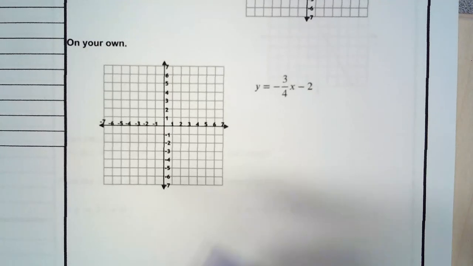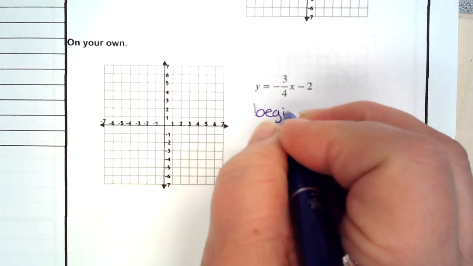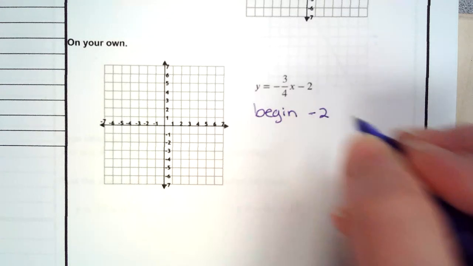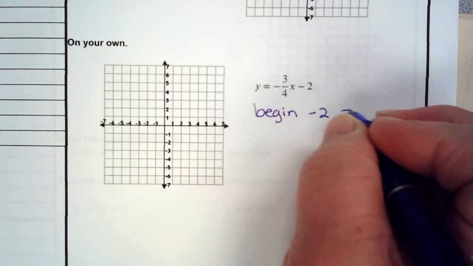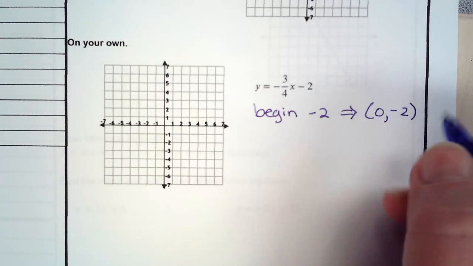If we're looking at it, we begin at -2. So that is the point 0, -2 on the y-axis.